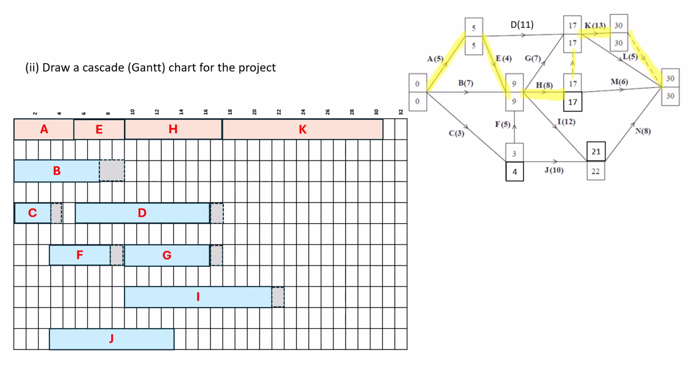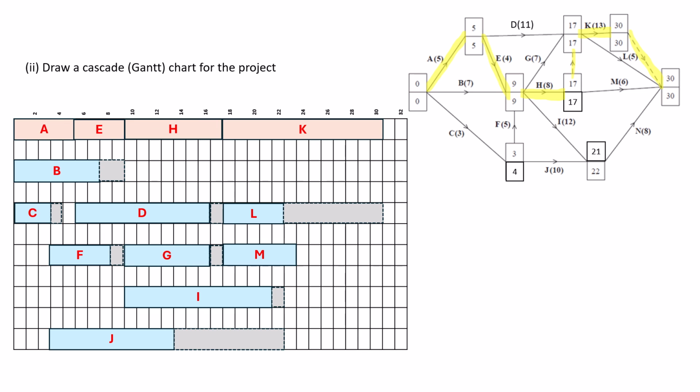J then starts at 3, goes on for 10, that's 13, and it's quite a large float or flexibility piece here because 3 plus 10 is 13, and it goes all the way up to 22, which is an extra 9. And then K is already there. And then we have L, I'm just going to slot it in where I can. Starts at 17, lasts 5, which will give us 22, and then it has 8 extra float to play with.